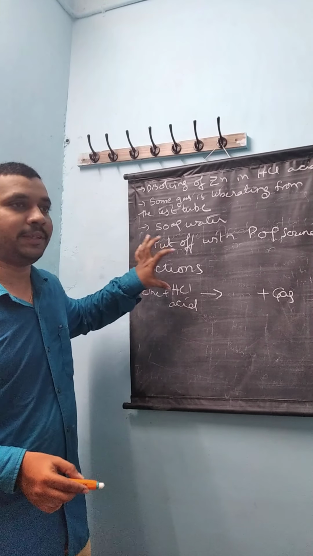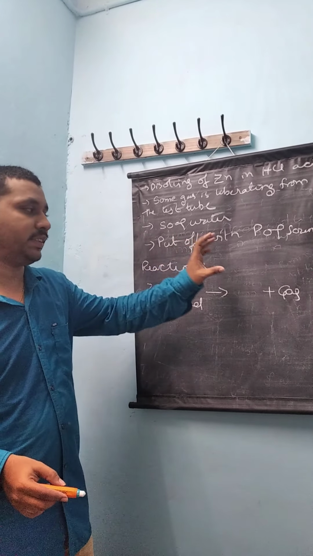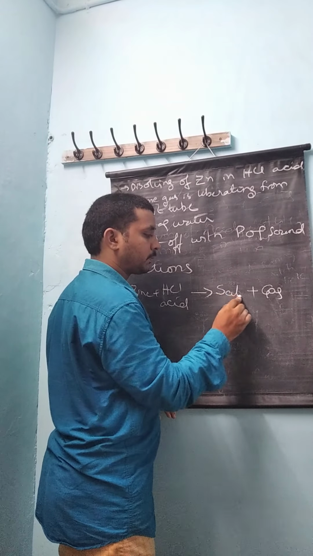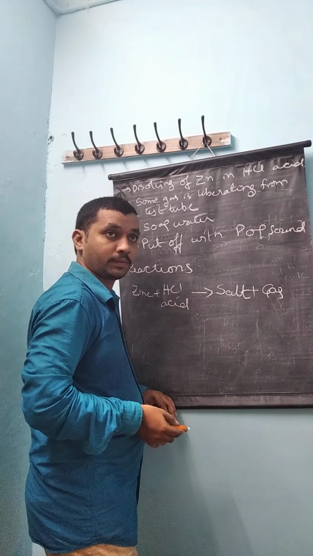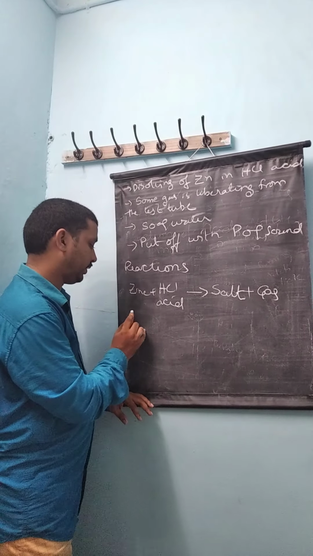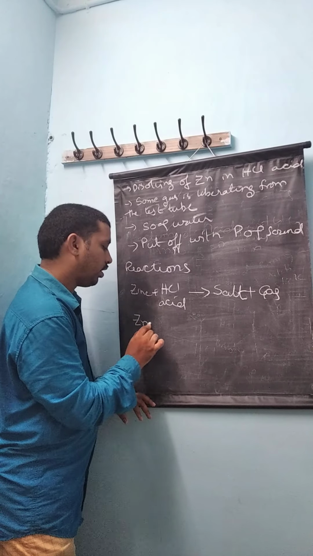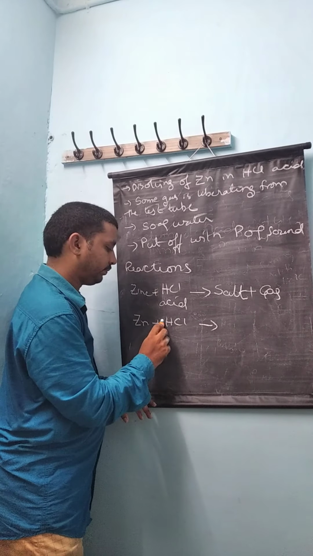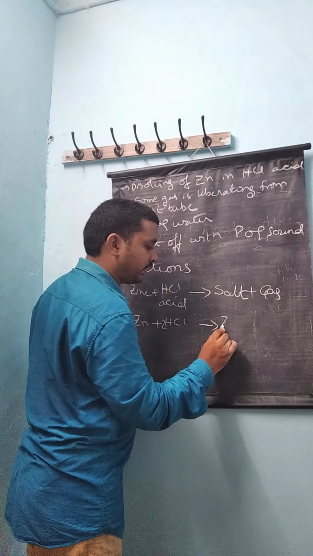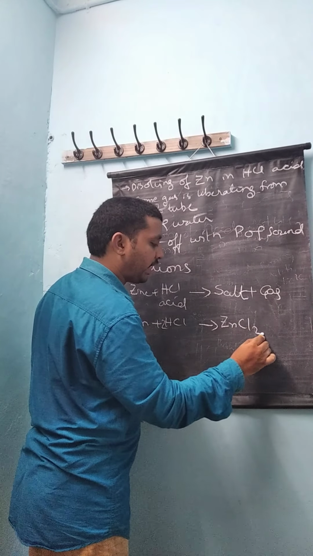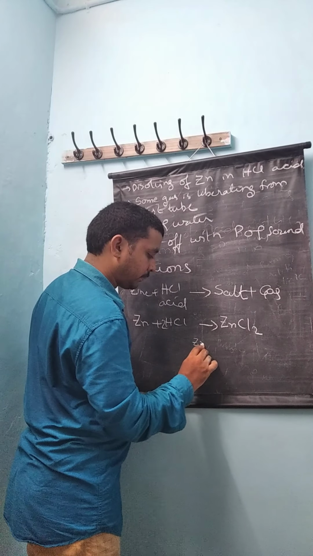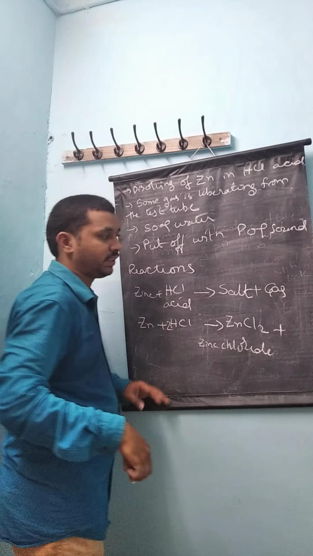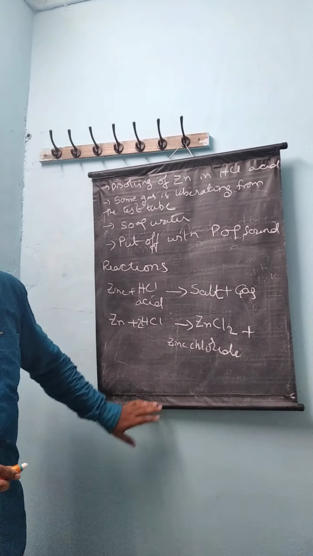When something reacts with an acid or base, the obtained product is called a salt. Zinc on reacting with hydrochloric acid gives zinc chloride plus one gas.